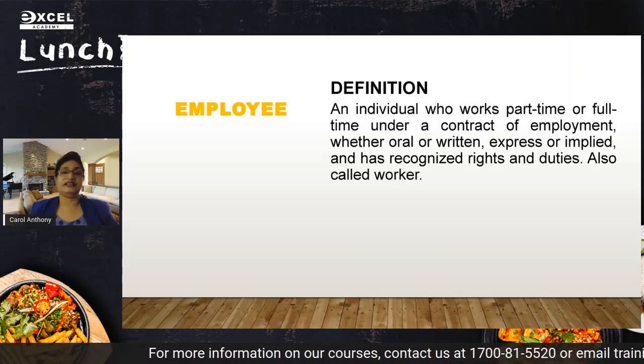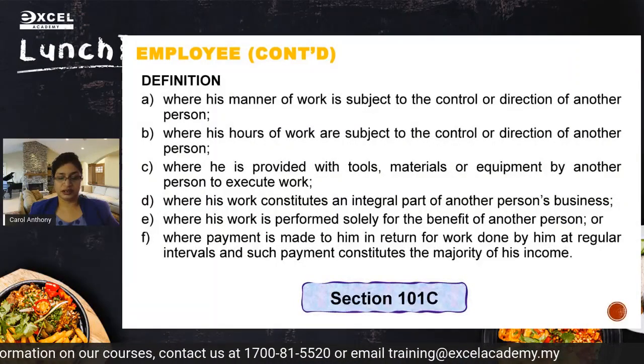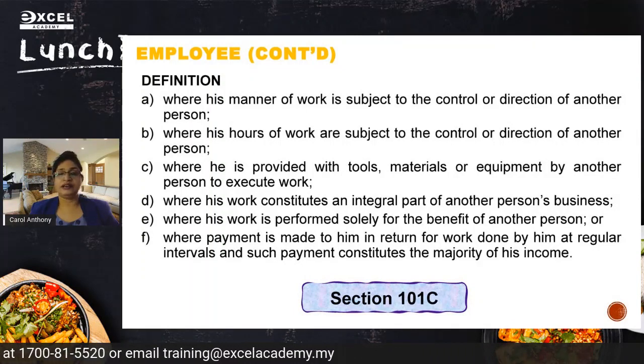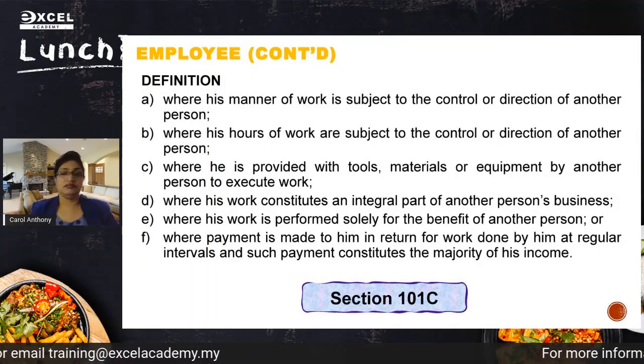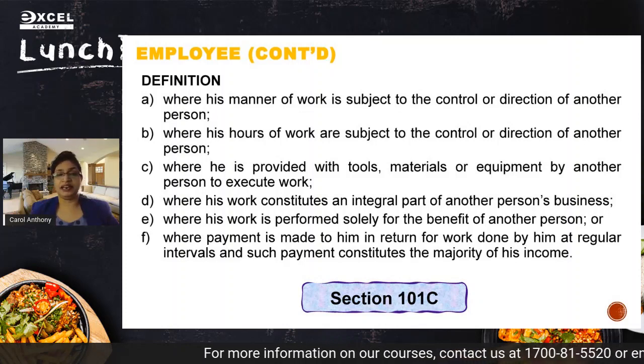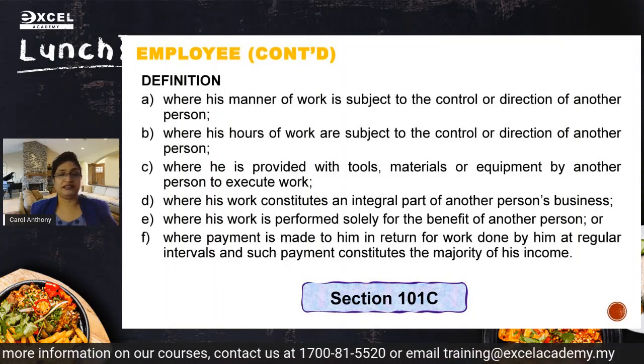So someone could be employed to work with a written appointment letter, or they could have been appointed without any written letter but verbally already, or express or implied, meaning they have been given the work: you do the work 9 to 5, Mondays to Fridays.